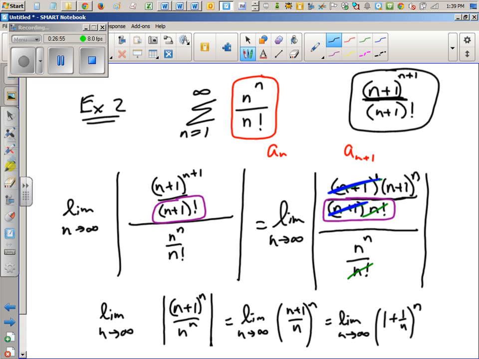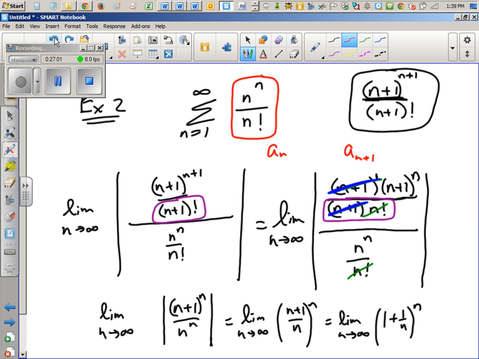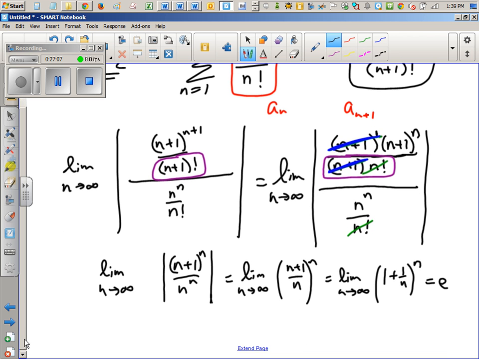I just kind of took the n over n and the 1 over n separately there. And this is E, yes. The answer to this problem is E. Good eye, Hunter. Good eye. That's the definition of E.